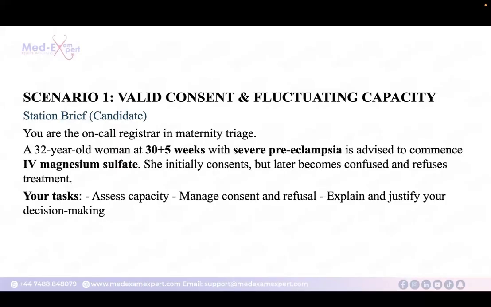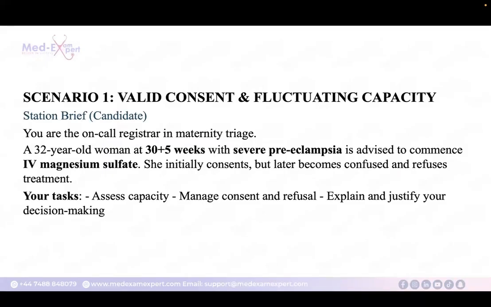So I'm the patient, okay? I agree that you asked me, so Mrs. So-and-so, you are pregnant and your blood pressure is rising, and to prevent you going into fits, and because it can be dangerous for you and your baby, we're going to give you this medication which will help bring down your blood pressure and prevent your condition from deteriorating.